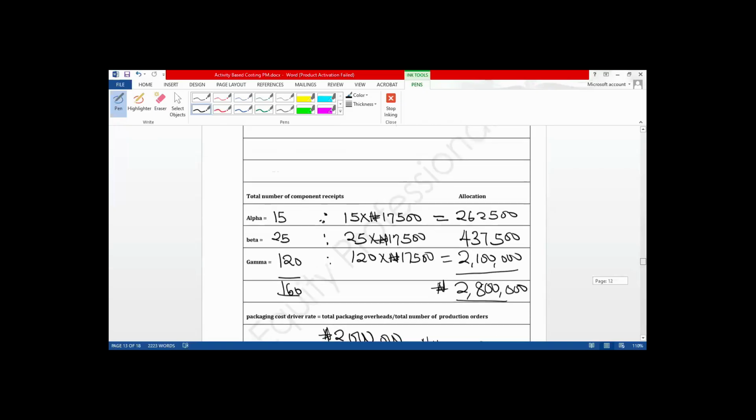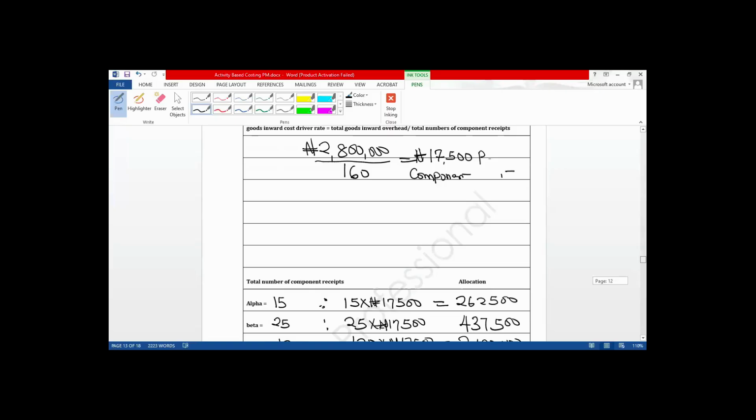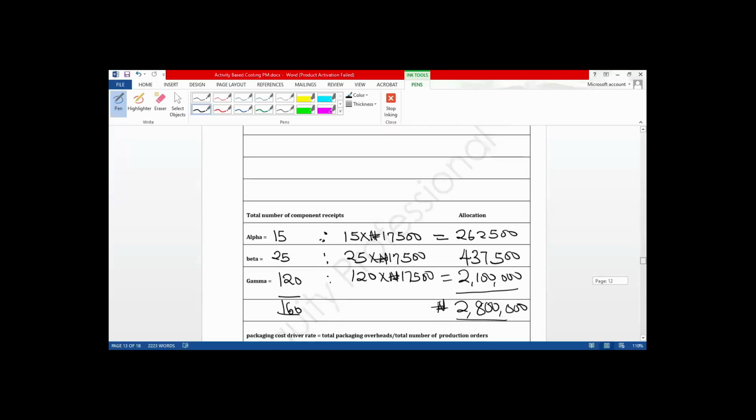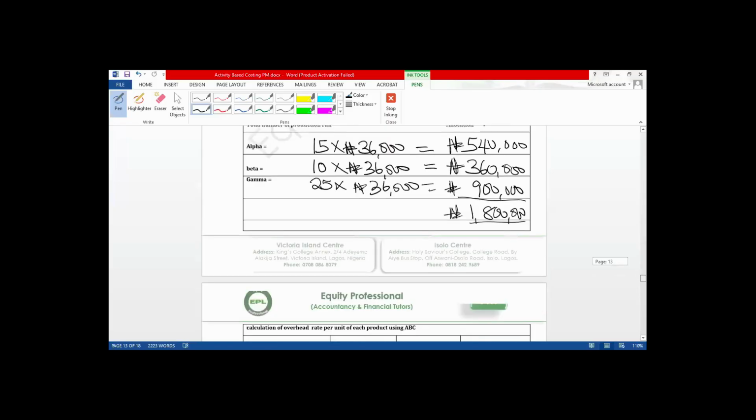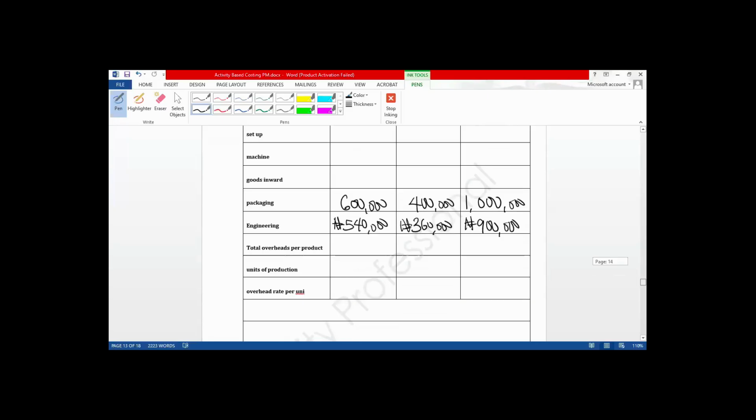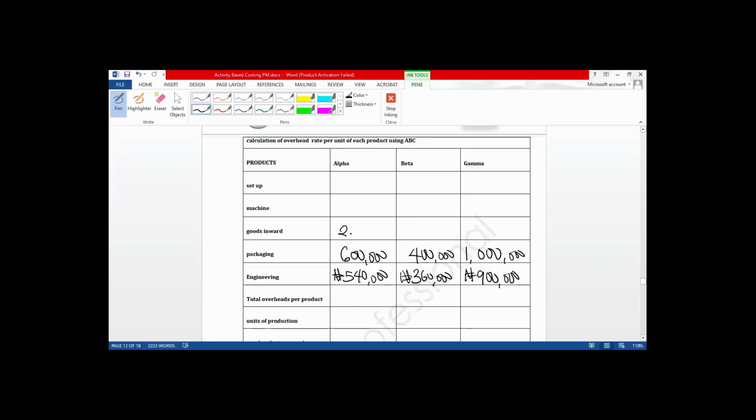Alpha 262,500, Beta 437,500, Gamma 2,100,000. You have picked your allocation.